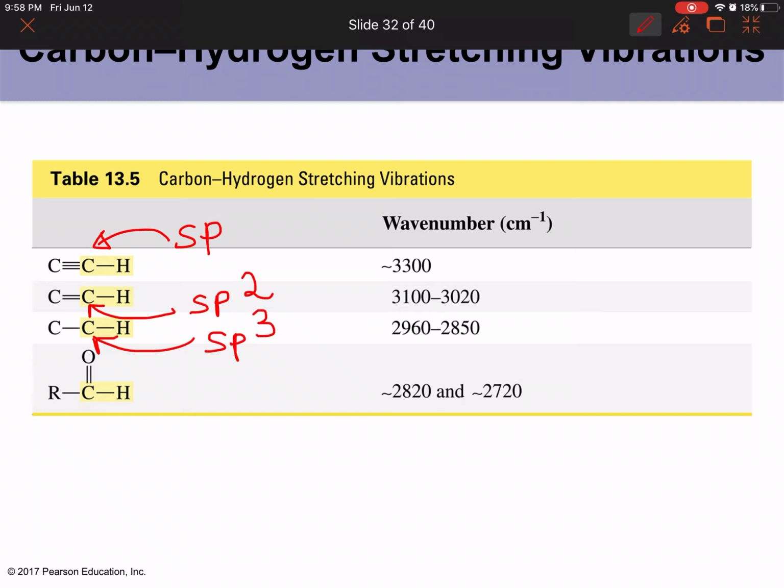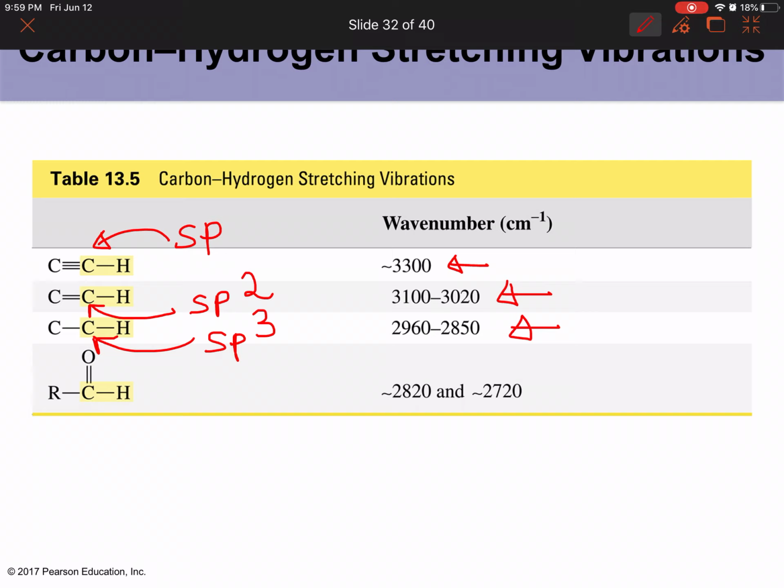So we have hydrogens attached to sp carbon, sp2 carbon and sp3 carbon, and these carbon-hydrogen bonds will have different stretching frequencies. The first one, attached to the sp carbon, stretches around 3300, the sp2 is about 3100 to 3020, and then the sp3 carbon and hydrogen stretches 2960 to 2850.